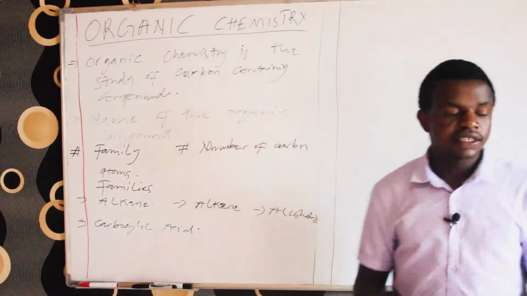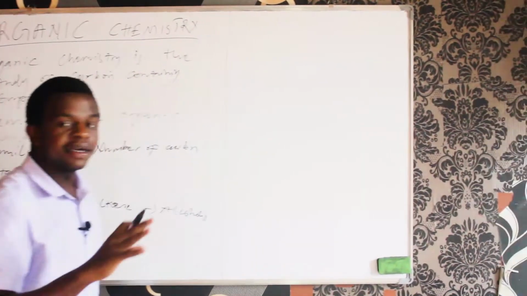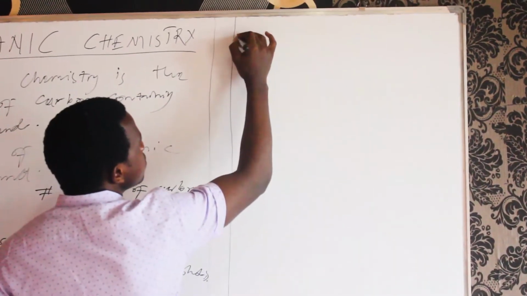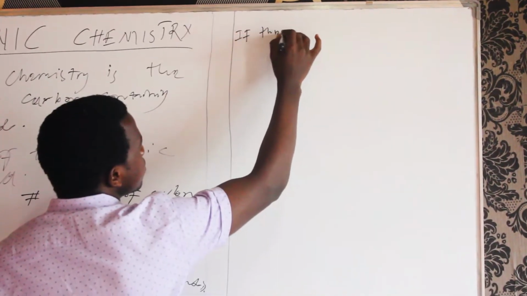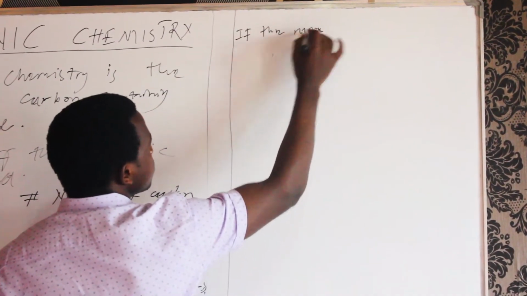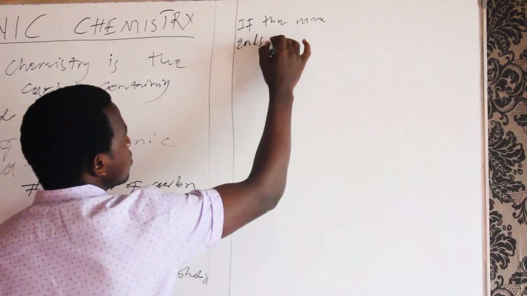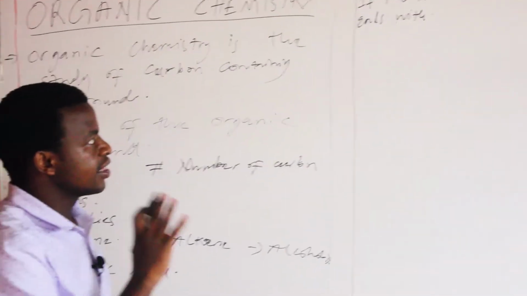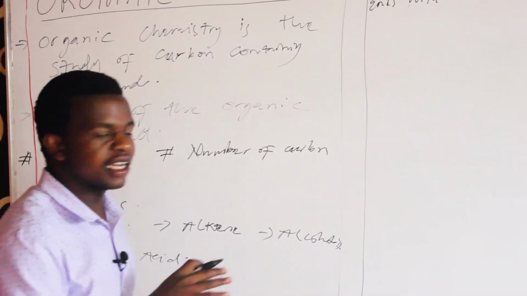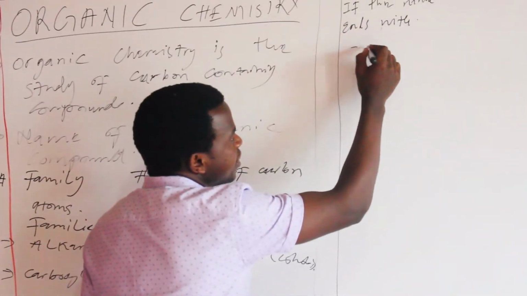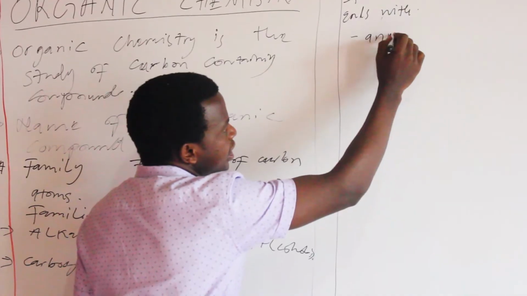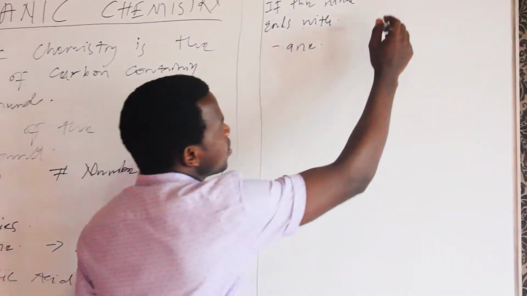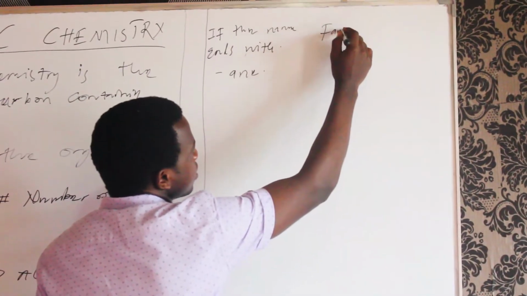So let us proceed. The first situation that I'm going to give: if the name ends with A-N-E, that means it belongs to which family? So here I'm going to put family.